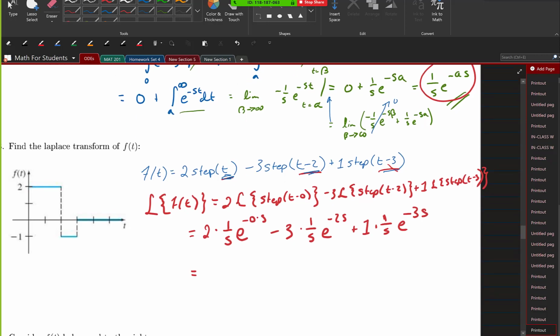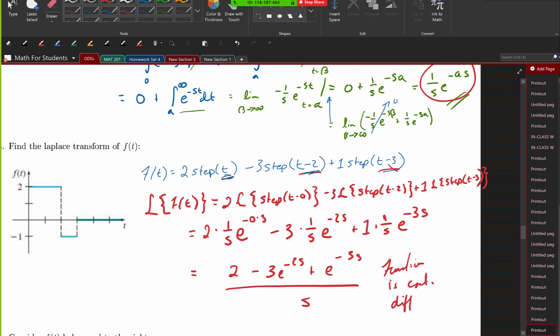When you clean this up a little bit, we end up with the function 2 minus 3e to the minus 2s plus e to the minus 3s all over s. And notice that this function is continuous and, more importantly, differentiable for all s greater than 0.